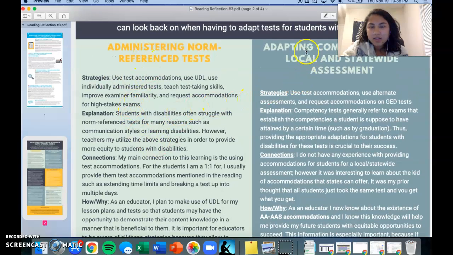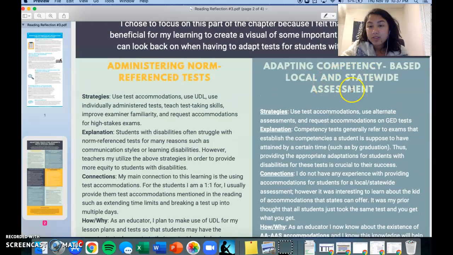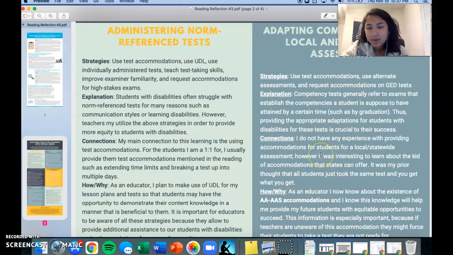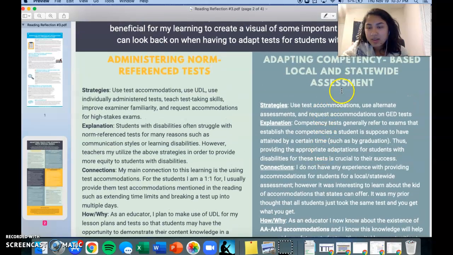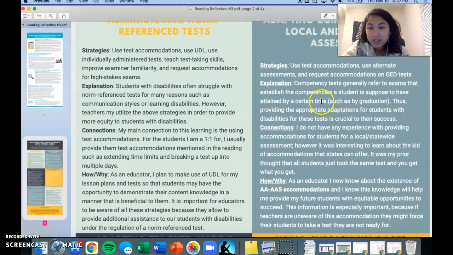Over here, this was very interesting for me, adapting competency-based local and statewide assessment. So prior to reading this chapter, I never really put much thought into how other students did these statewide assessments. I just assumed that you take the test and whatever happens, happens for all students. But it was really interesting to learn that there are strategies, that there are accommodations students with disabilities can get.